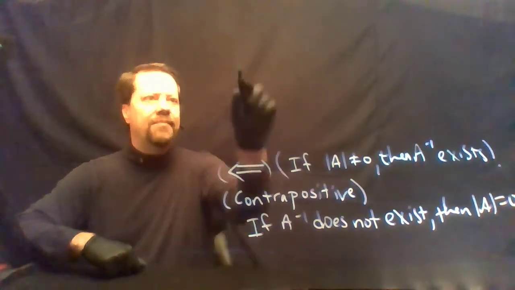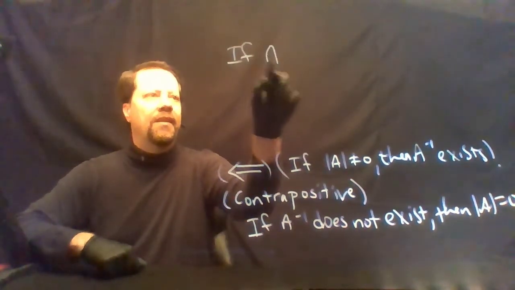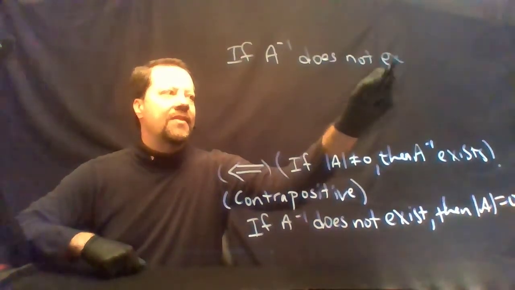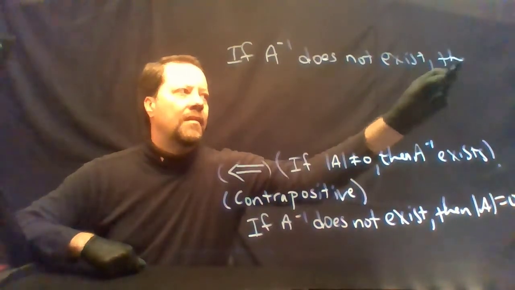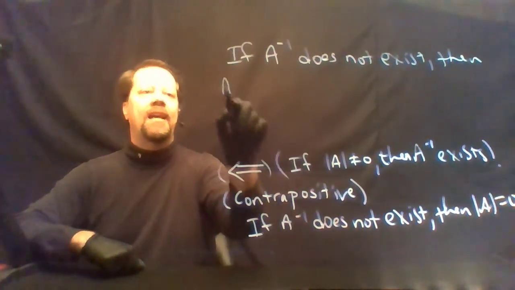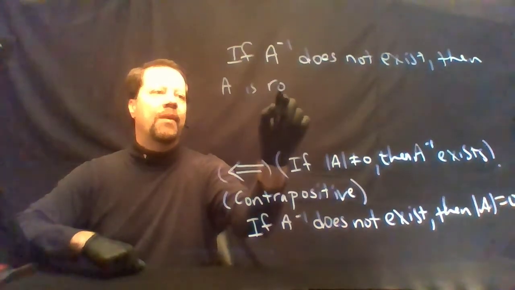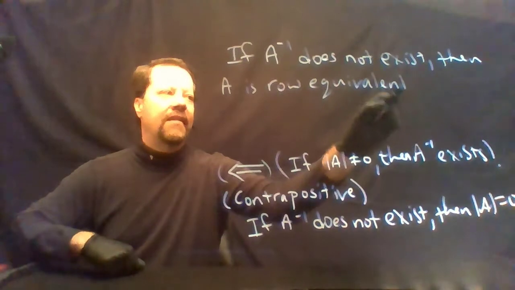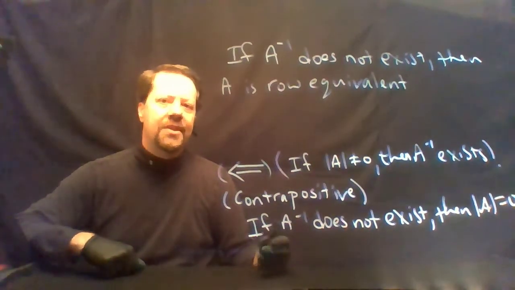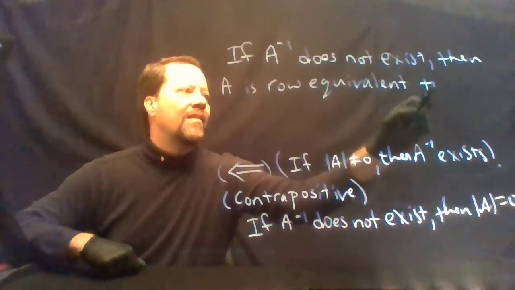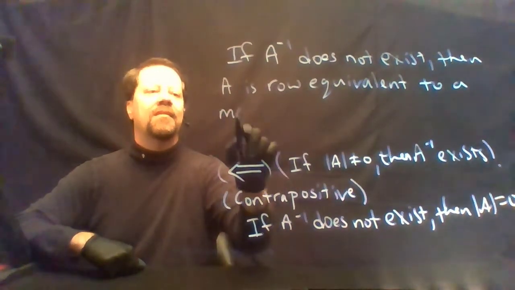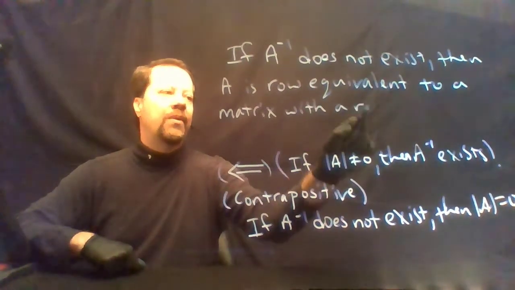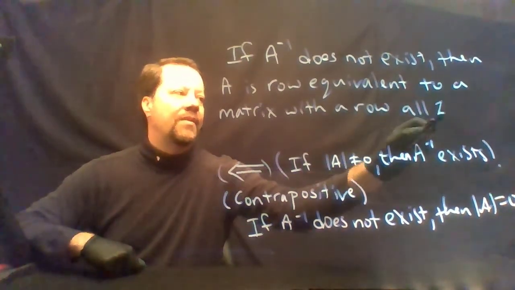In other words, if A inverse does not exist, then A is row equivalent, meaning there's a finite sequence of elementary row operations that you can perform on A, to a matrix with a row all zeros.